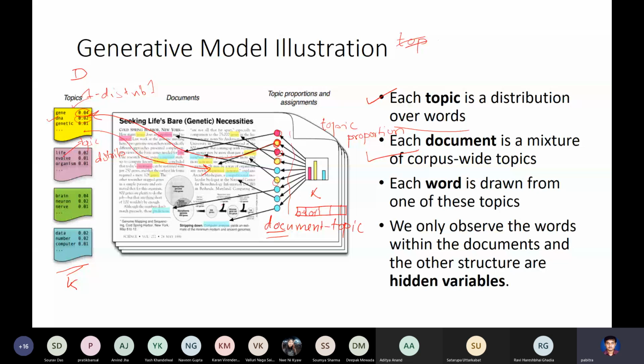You can generate the set of words. And this process you repeat: if the document has n words, n times you throw the first dice and n times you throw the second dice, and you get your document. And you repeat this for all the documents in the corpus.